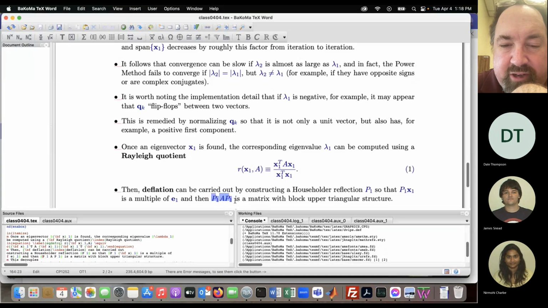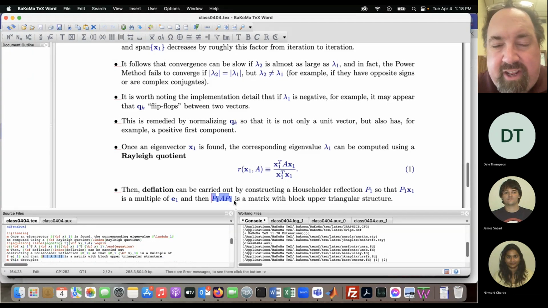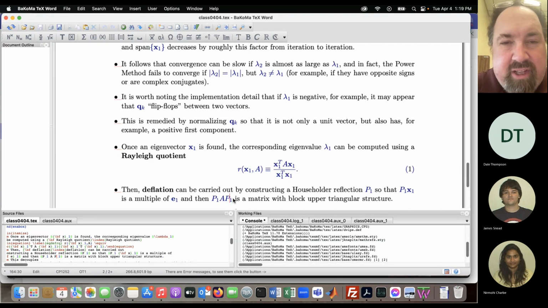So this is a similarity transformation that preserves the eigenvalues of A, but this matrix will be block upper triangular. So you'd have a trivial 1x1 block on the diagonal, and that's lambda1. And then the other block would be this n-1 by n-1 matrix that you can work on to get the remaining eigenvalues and eigenvectors.